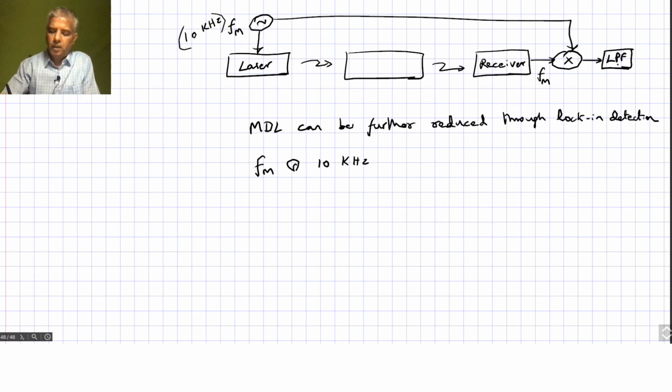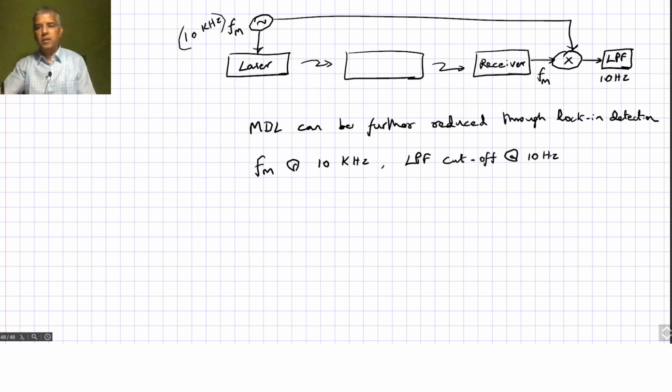So you have the low pass filter with a cutoff of 10 hertz. You do the lock-in detection with FM and a low pass filter cutoff at 10 hertz, because that's all the information that you want to get.